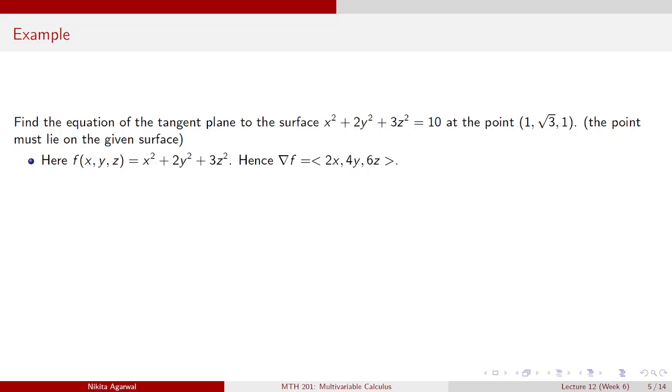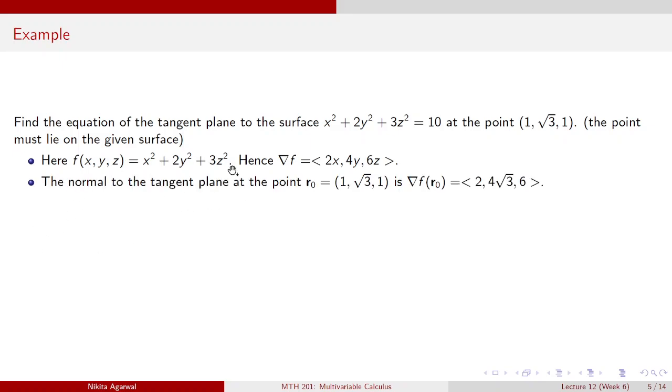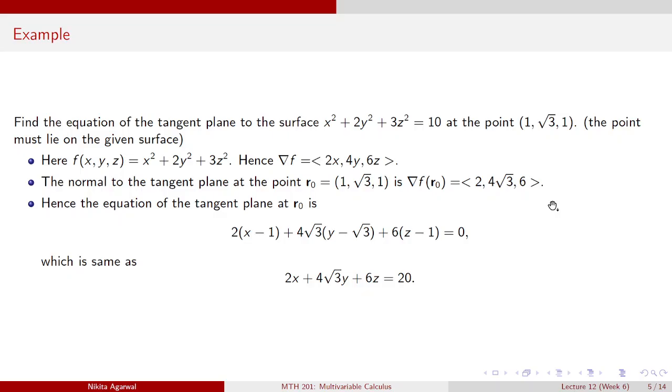It's (2x, 4y, 6z), which are the partial derivatives of f with respect to the three variables. So the normal to the tangent plane at the point r0 is nothing but the gradient evaluated at this point, which gives you this vector. So the equation of the tangent plane at this point with this normal is given by this, which can be written as this. Okay. So this is how one computes the equation of a tangent plane to a level surface.